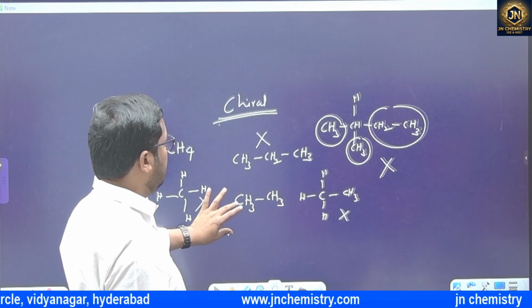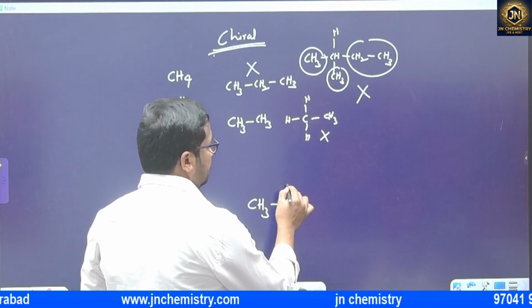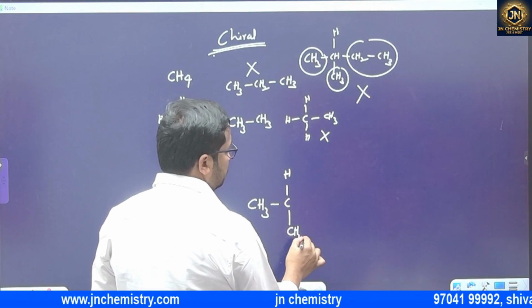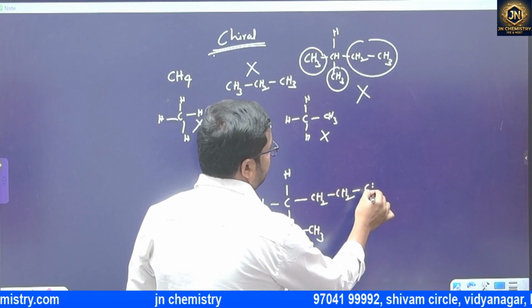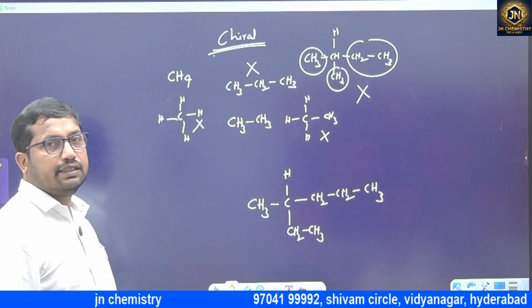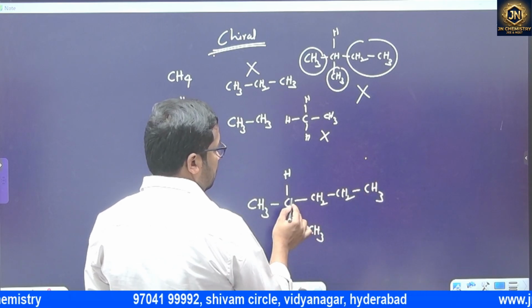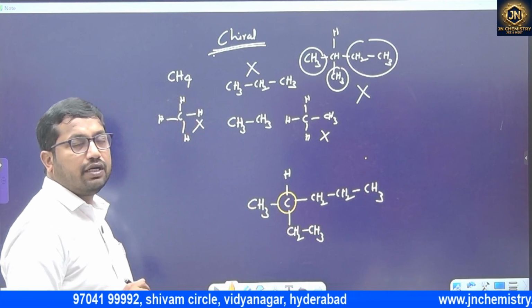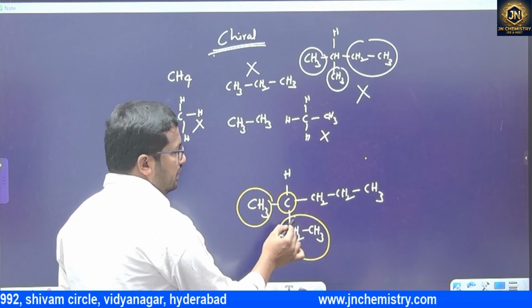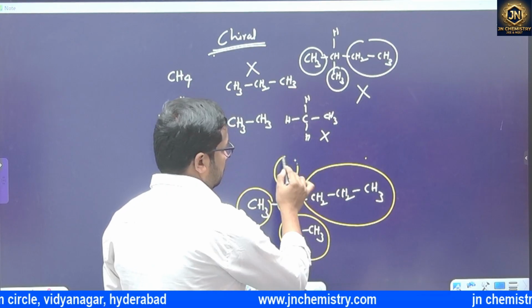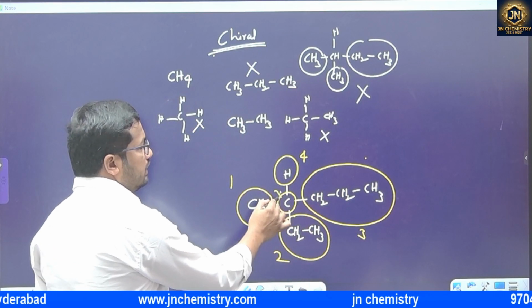Now, CH3 H CH2 CH3 CH2 CH2 CH3. How many chiral centers? This is one chiral center. Why? Methyl, ethyl, propyl, hydrogen: 4 different groups.